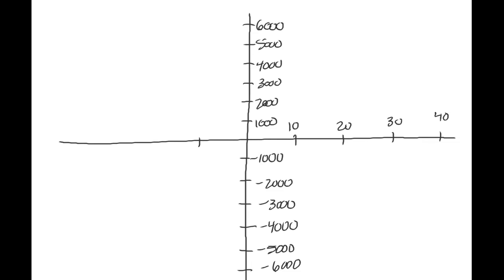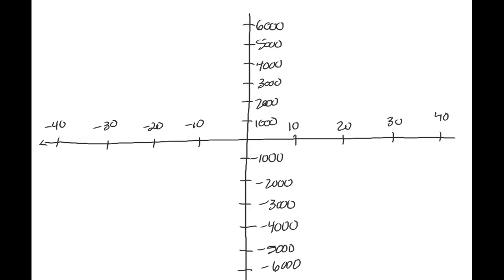And similarly to the left, this is -10, -20, -30, and -40. And the axis will keep going. Okay, so now maybe let's start by putting those xy pairs that I know are on the graph onto the coordinate plane.